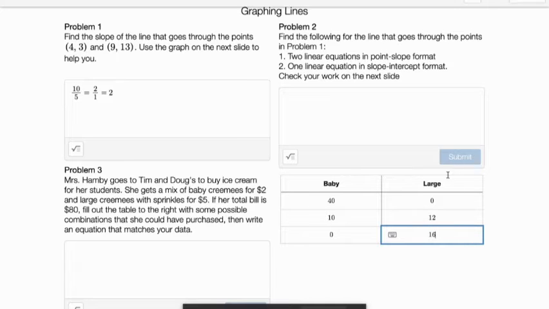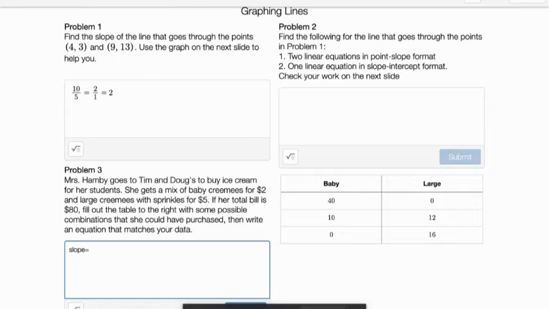Or I can say, just from the table and using what I learned about point slope format up here, if I'm thinking about my slope, it goes up 12, but down 30. So maybe I say a slope of 12 over -30.